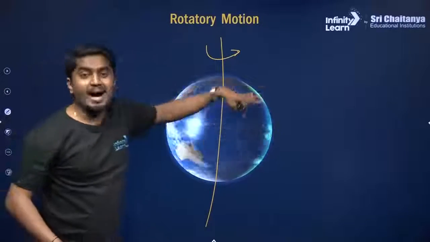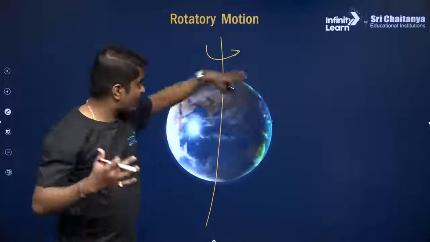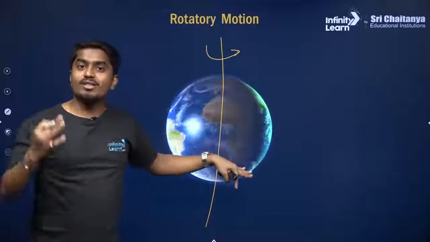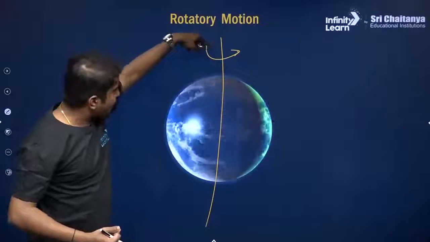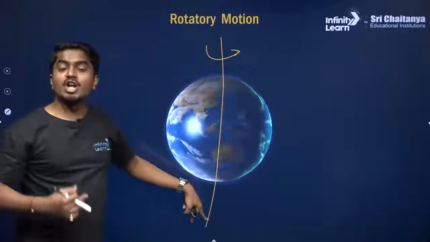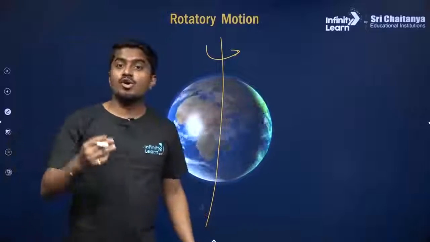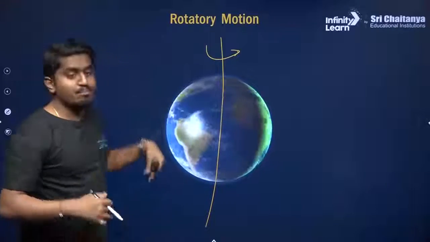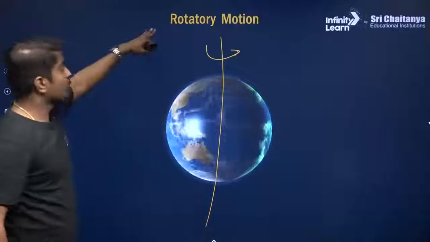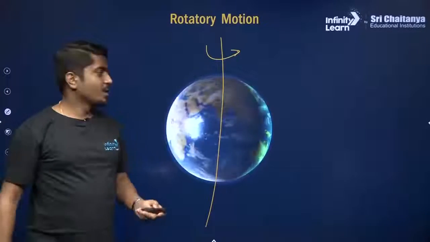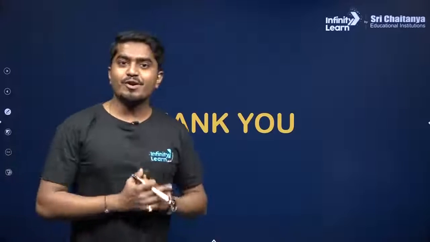All the particles and objects present on the surface of the earth move around this axis. Only the points which are along this axis do not move. Everything else moves. This is called rotation or rotatory motion. Alright, so these are the different types of motion.